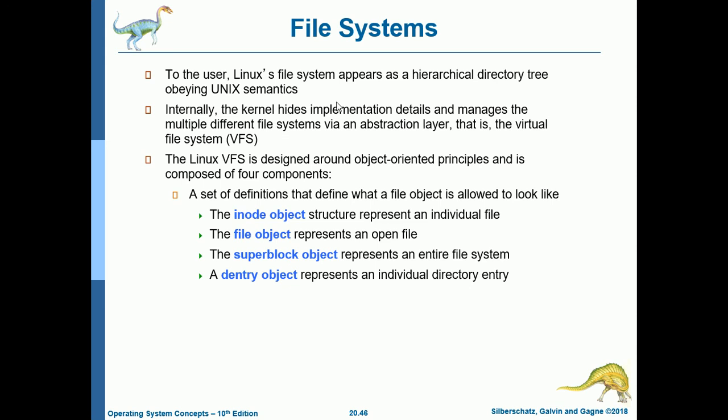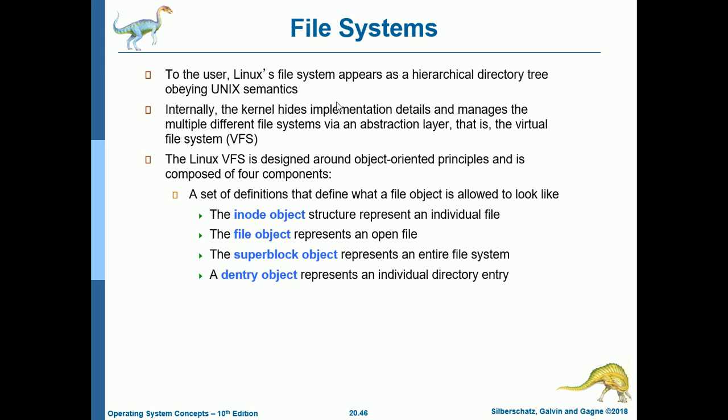To the user, the Linux file system appears as a hierarchical directory tree obeying Unix semantics. Internally, the kernel hides implementation details and manages the multiple file systems via an abstraction layer, the virtual file system, or VFS. The Linux VFS is designed around object-oriented principles and is composed of four components: a set of definitions that define what a file object is allowed to look like.